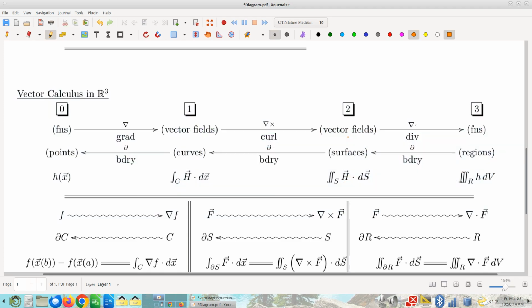Be on the lookout. I strongly support the idea that as we go through chapter 7, you should have this diagram front and center, right? Print it out, tape it up to the wall next to your desk or wherever you study. Every single thing that we do, glance over at the diagram and just kind of get your bearings and think about everything that we're doing in terms of where it fits in on the diagram.